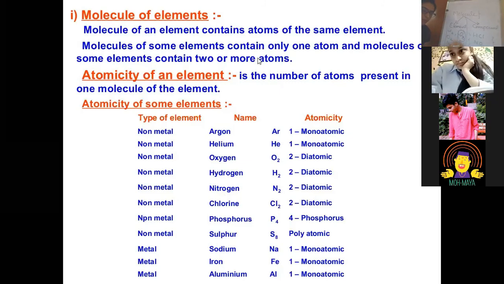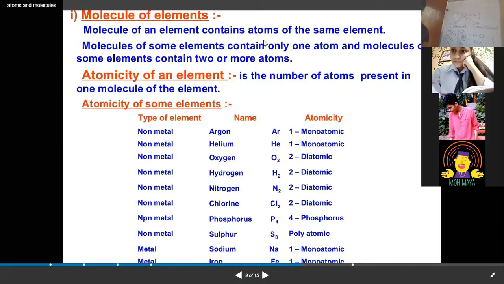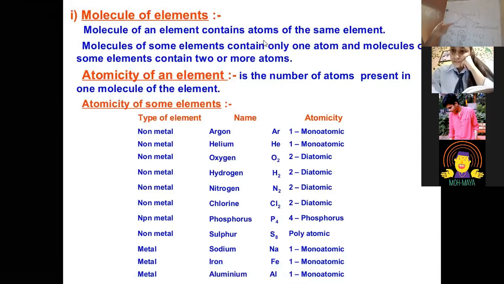In P4, four atoms of phosphorus combine to form a molecule, so it is called a tetraatomic molecule, or it can also be called a polyatomic molecule. The number of atoms present in one molecule of the element represents its atomicity.